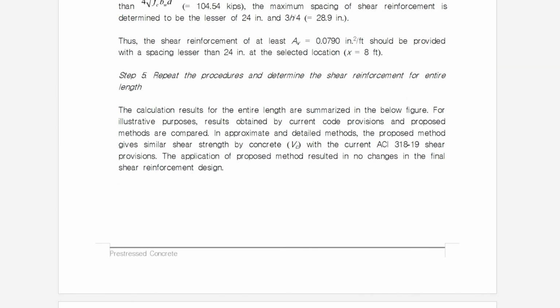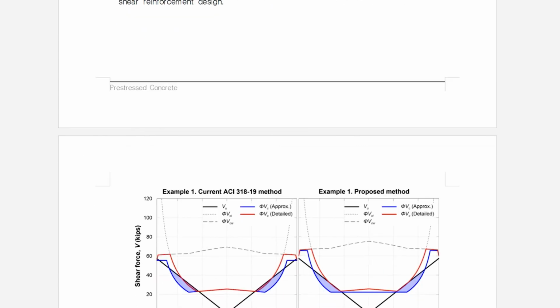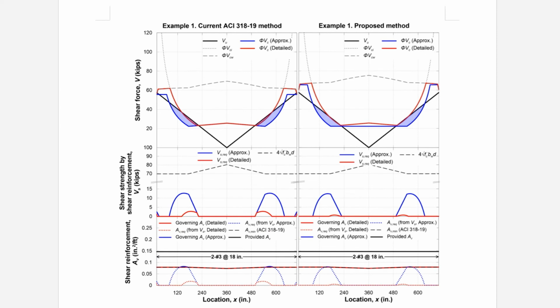And by repeating this procedure for the entire length, of course, this takes time, and you may need to have a software or even spreadsheets. It can be calculated like this. So you have a factored shear demand, and I just express this with only the absolute value.